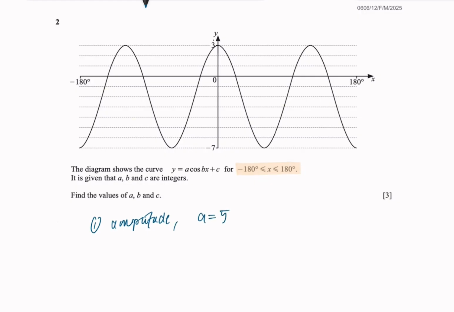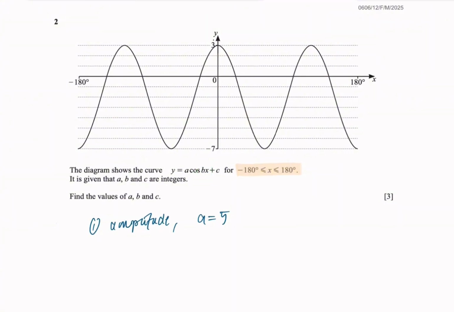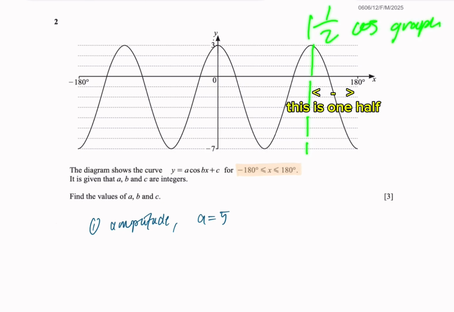And the second thing is b. Here, b is how many full cos graphs are within the period, which is 360 degrees. If you look at this diagram, you can see a complete cos graph here, so you have 1.5 cos graphs within 180.